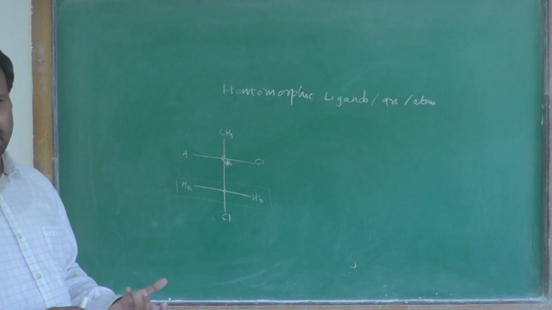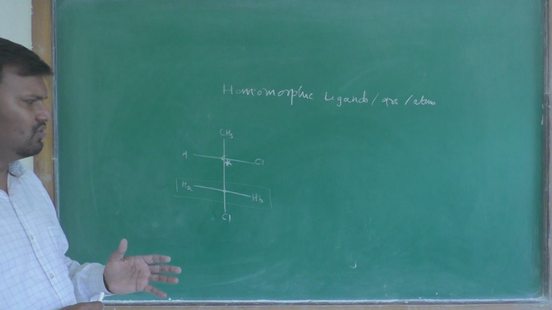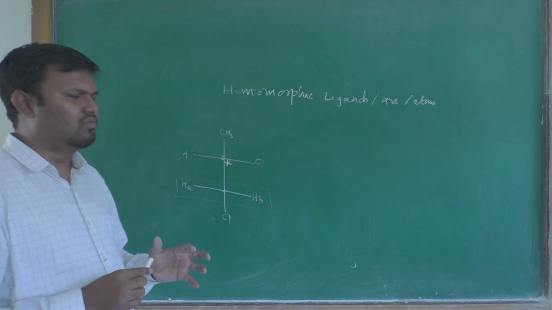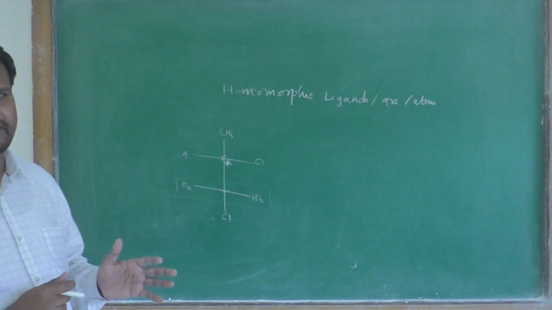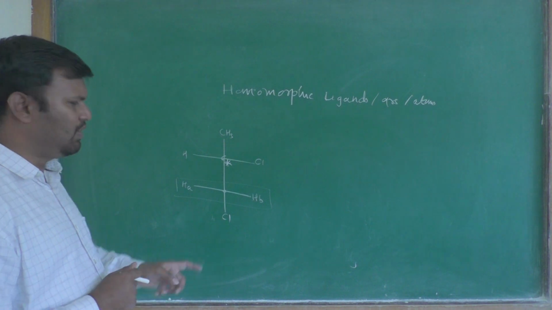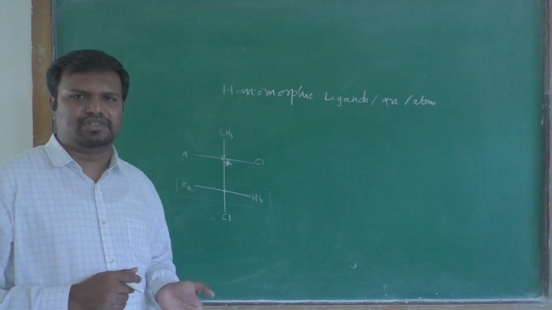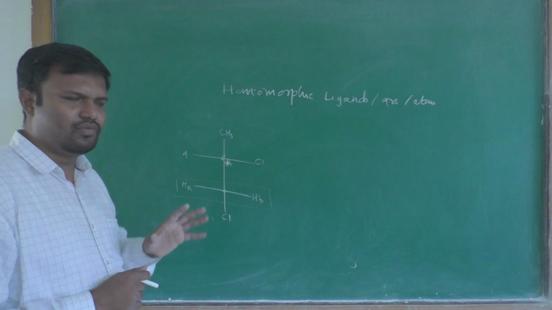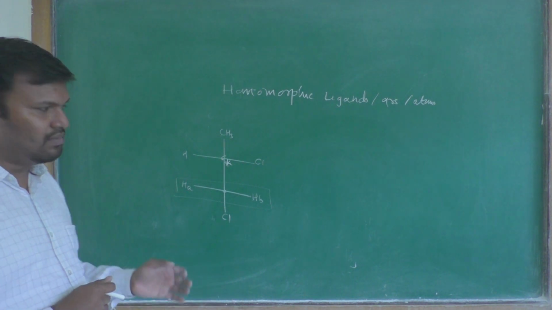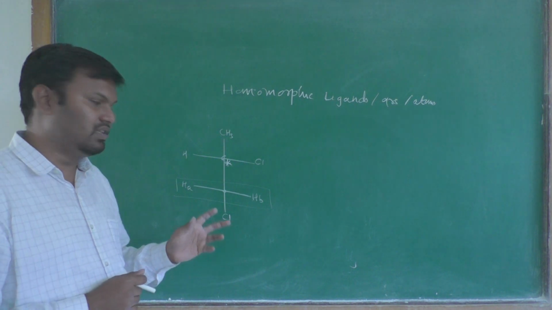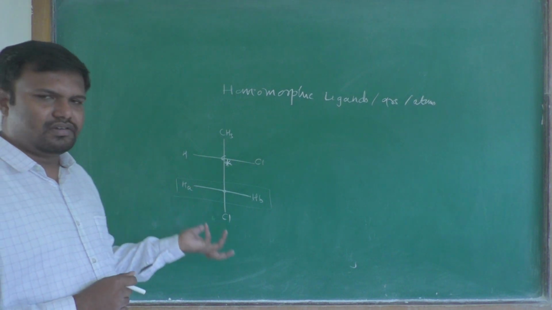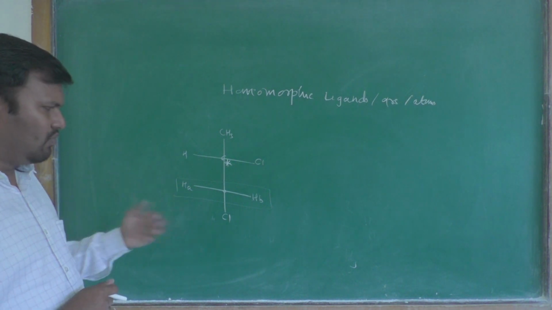atoms or ligands. Okay, the condition is your molecule should contain one chiral center and anywhere there should be a homomorphic group. By replacing these homomorphic groups, the two compounds obtained become diastereomers to each other, and these homomorphic protons are considered as diastereotopic atoms.